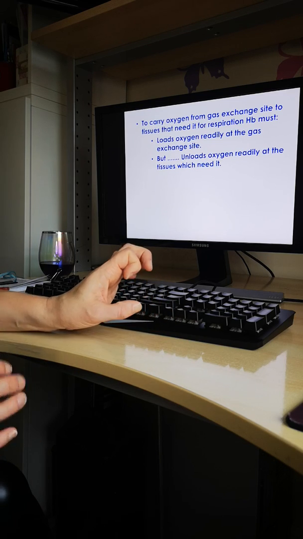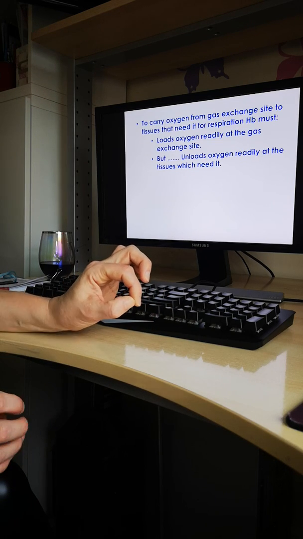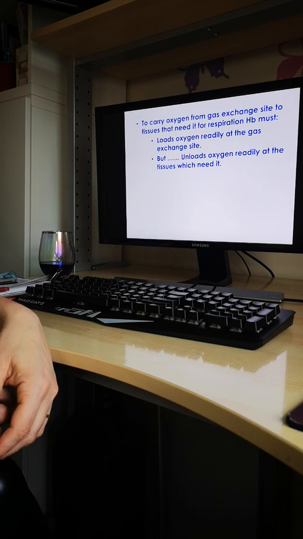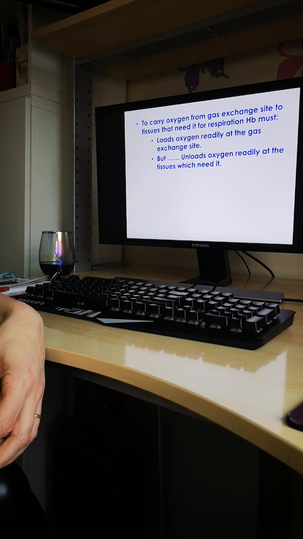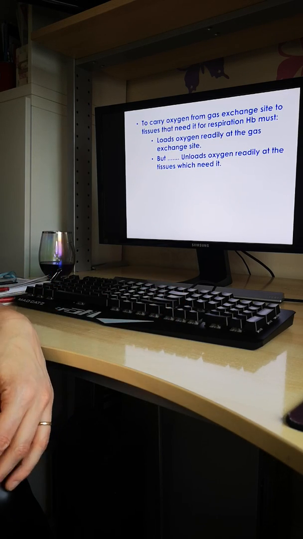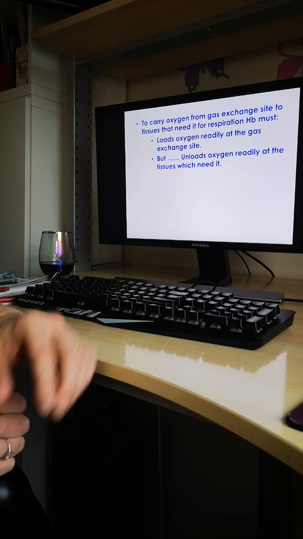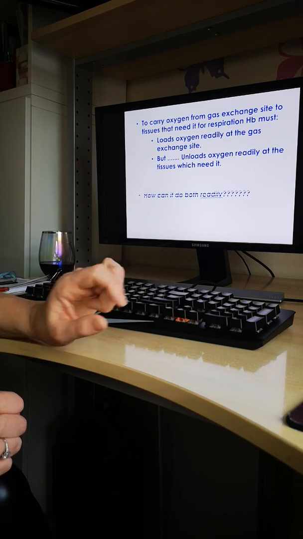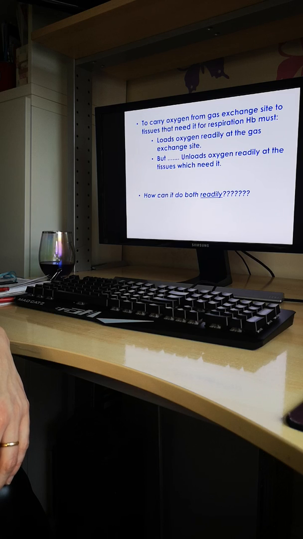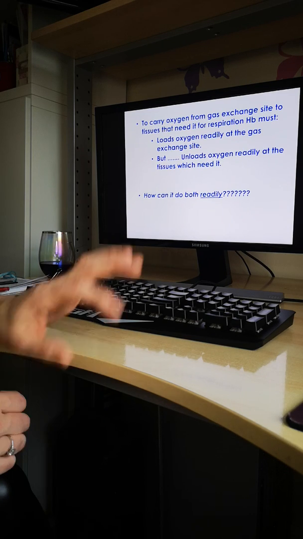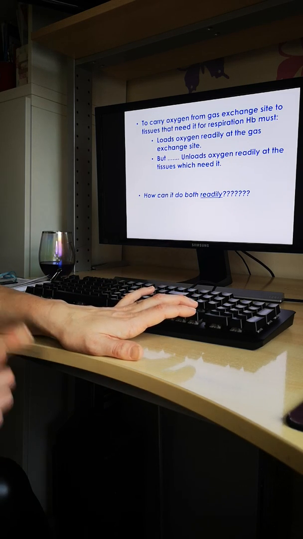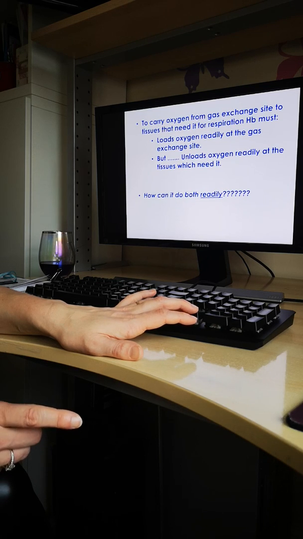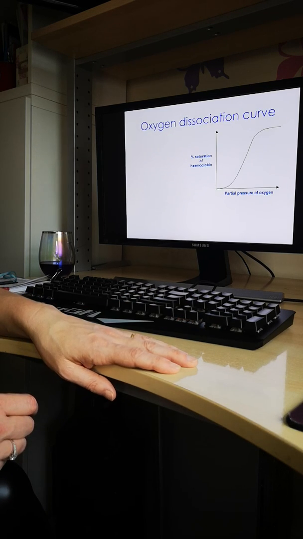So it must unload oxygen really readily, so what we say, disassociate from oxygen, unbind the oxygen really quickly. Why can it do both? That's because it's a protein. As I said, they're amazing.